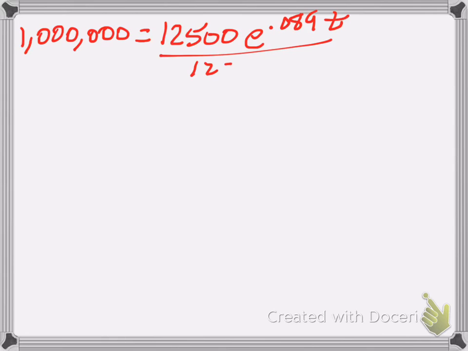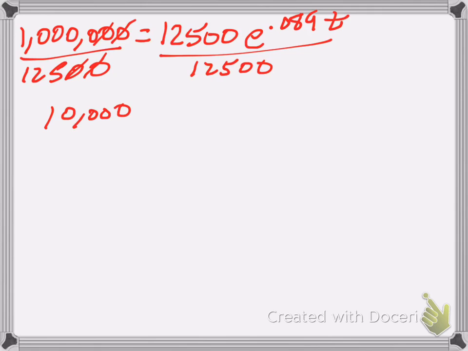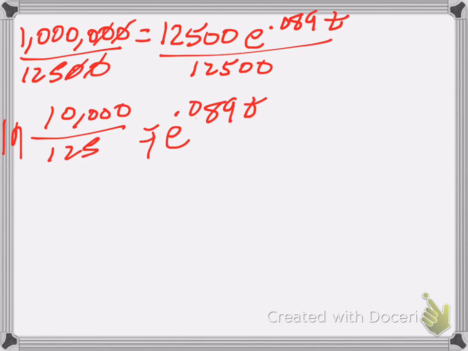So the first thing I'm going to do is divide by 12,500. So let's take 1,000,000 over 12,500, which is 10,000 over 125, is equal to e to the 0.089t. And now to get rid of the e, we're going to take the natural log of both sides.